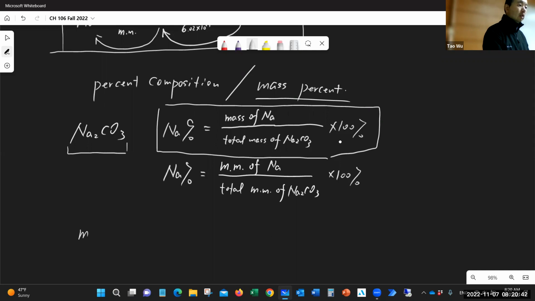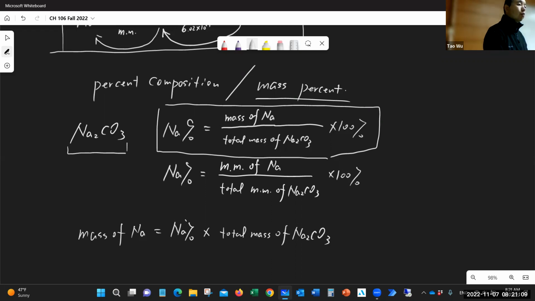Well, this is the equation that you're looking for, right? We did a worksheet on this. So the mass of the sodium is just equal to the sodium percent multiplied by the total mass of the sodium carbonate.